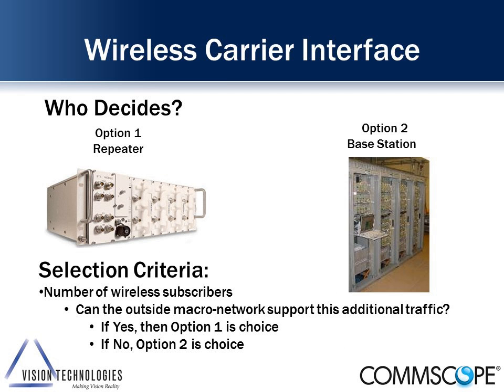They're going to want to know the number of wireless subscribers that would be on the DAS. And then they'll go out and they'll take a look at the traffic on the outside network on the particular serving site that we would be pulling signal from. And if the traffic is not going to have a negative impact on their overall macro coverage, then they would go with option number one and allow us to have a repeater.